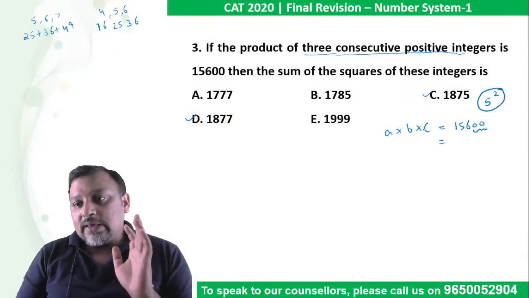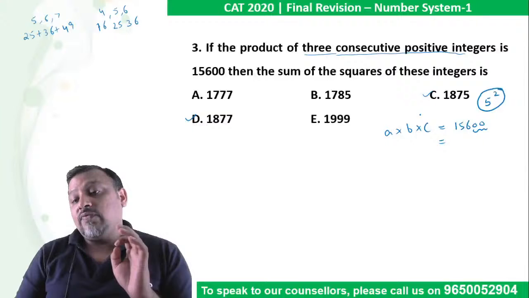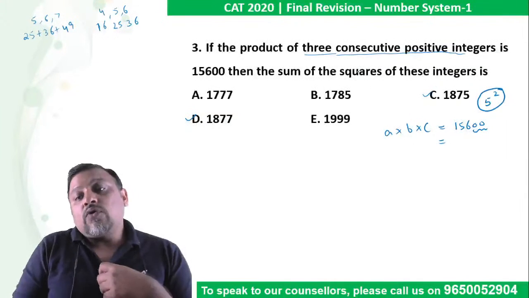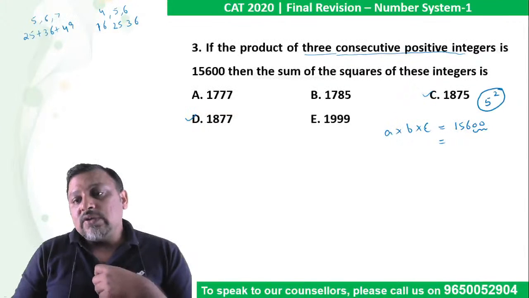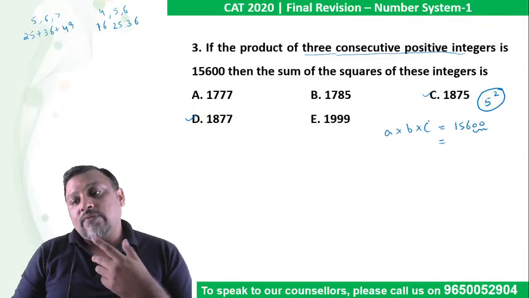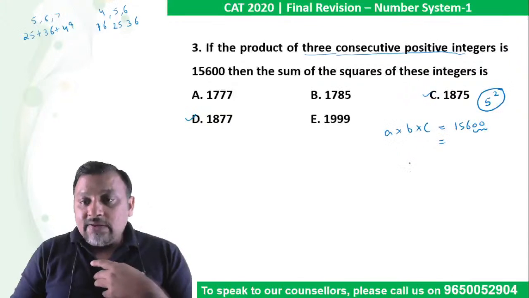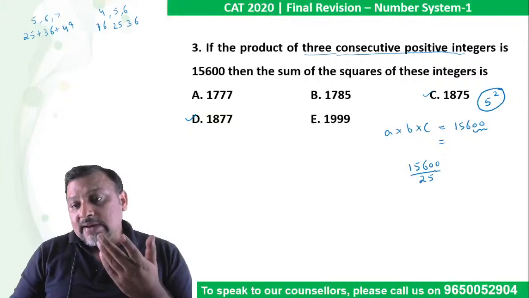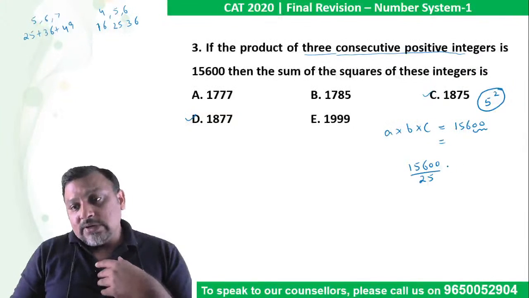It cannot be a case where one 5 is in one number and the other 5 is in another number. Since we have consecutive numbers, one of these three numbers should be a multiple of 25. So if I divide this value by 25, I will get an idea about the other two numbers.